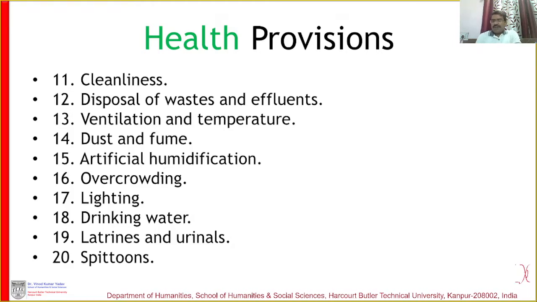If 100 or 150 employees are working in a particular factory or place, then you must have latrines and urinals in place as per the requirement. Same thing, as per section 20, you must have hospitals.